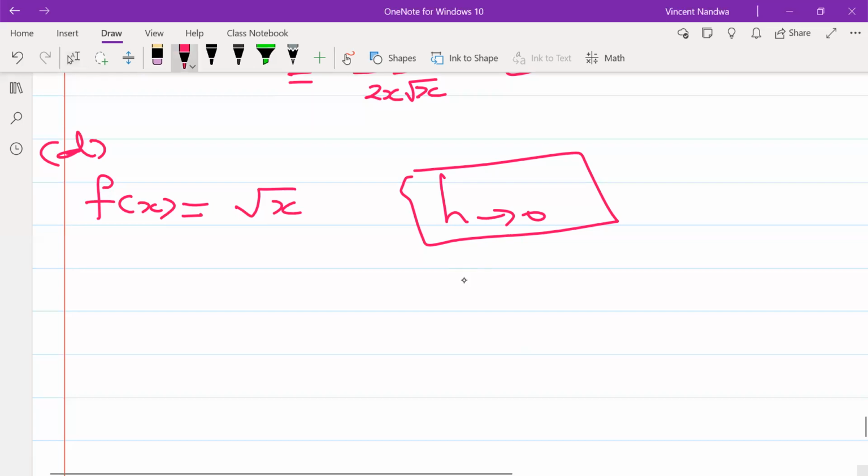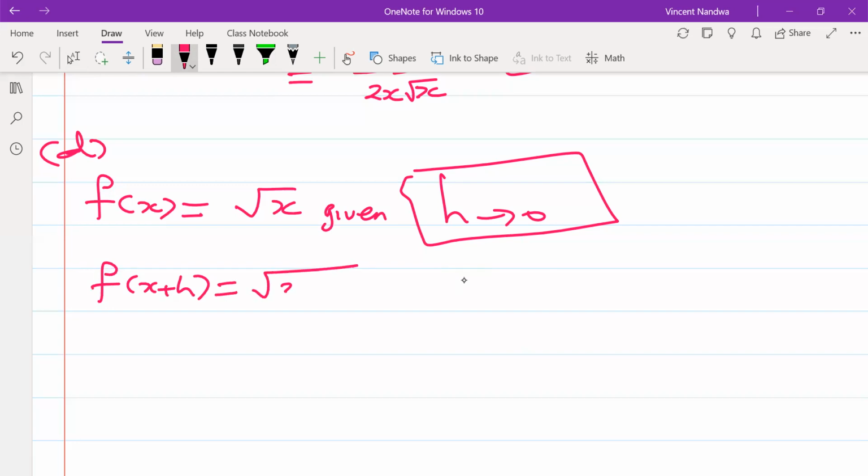H approaches 0, okay? So this is already given. We need f of x plus h, which should be the square root of x plus h.